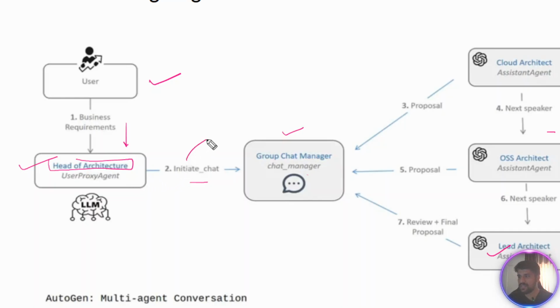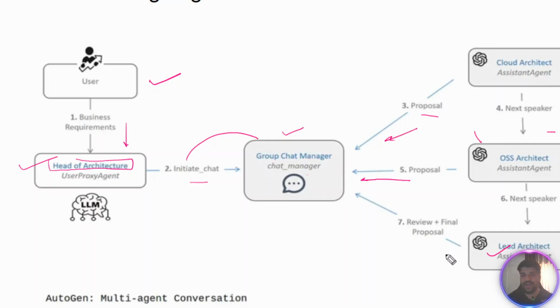Now when the proxy agent initiates chat, it will first go to the proposal. It will ask the cloud architect, please make a proposal for me. Once the proposal is done, it passes to the OSS architect. Whatever open source software is available, it will build the architecture and then send back this proposal to the head of the architect through the group chat manager.